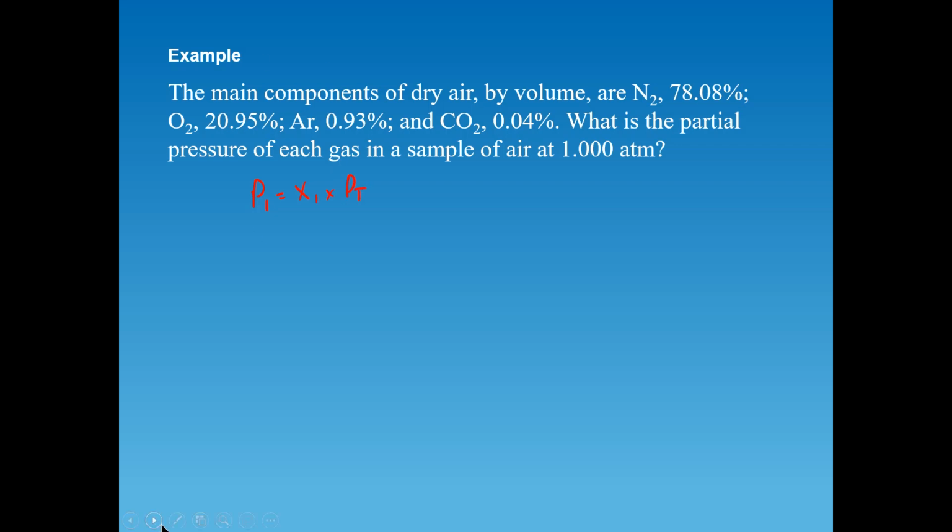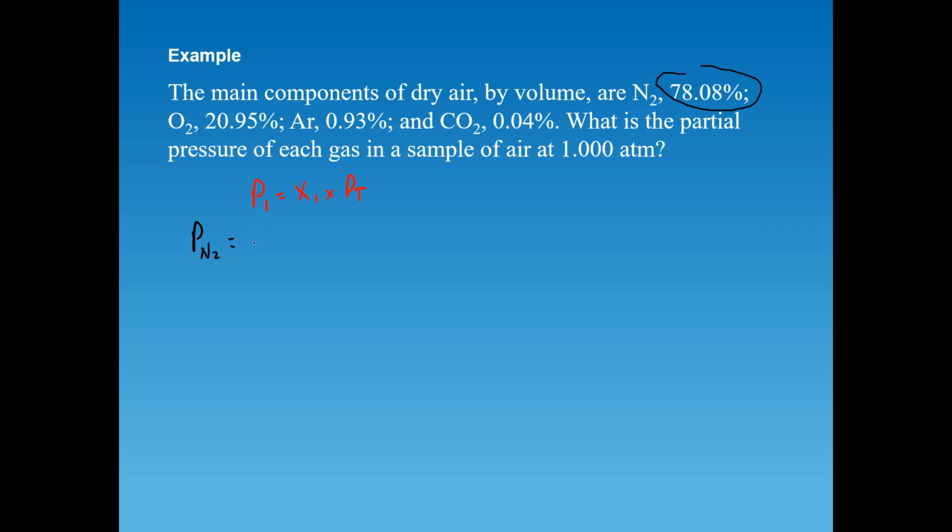Now, in this case, they did not give us directly the mole fraction. They gave us the percentages, right? So for example, they gave us the percentage of nitrogen here. Well, it turns out that that percentage can be expressed as the mole fraction, right? So therefore, to find the partial pressure of nitrogen, we simply take this fraction here, which is 78.08%.